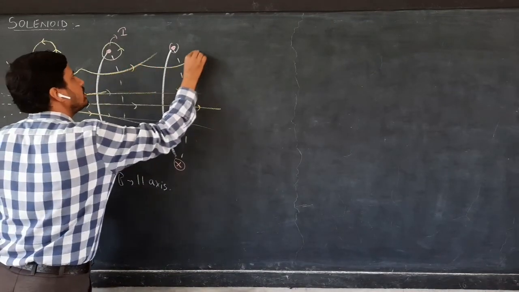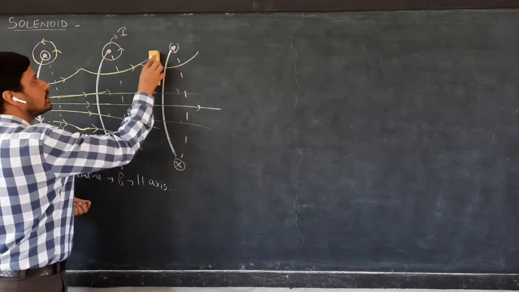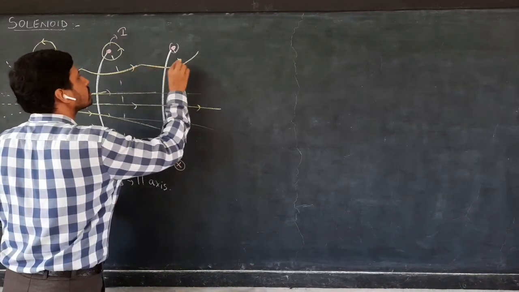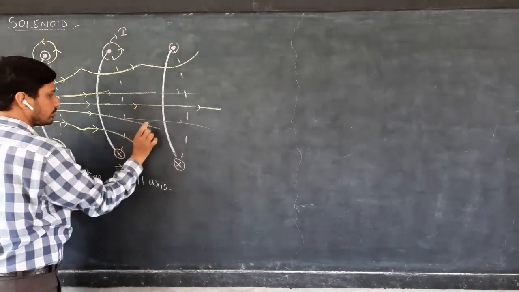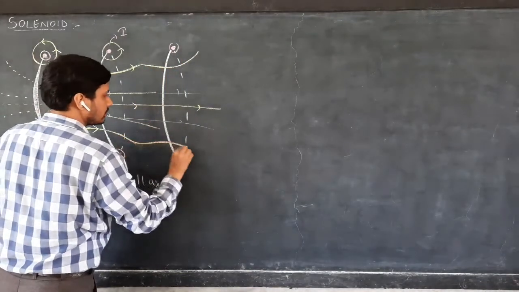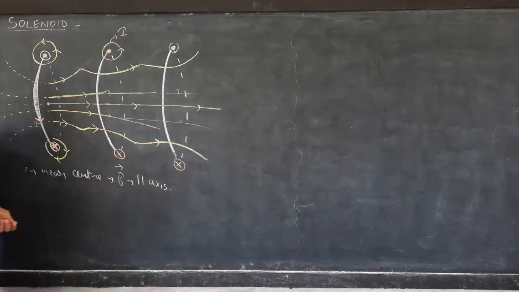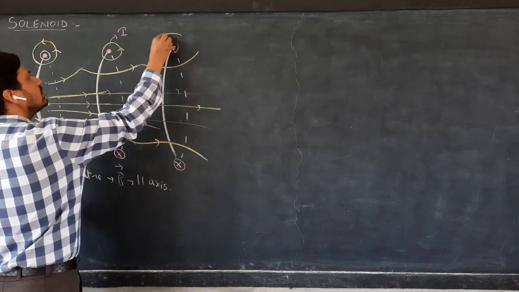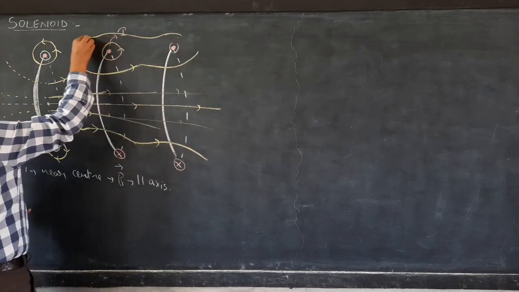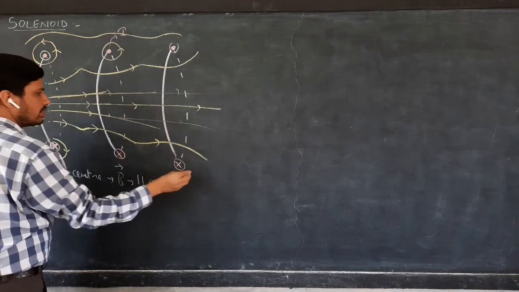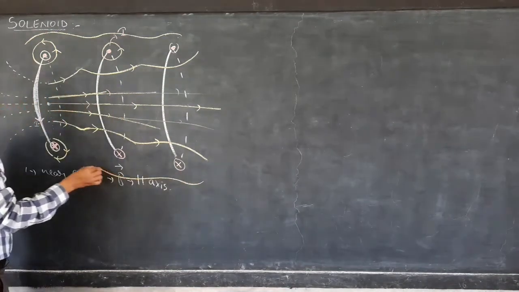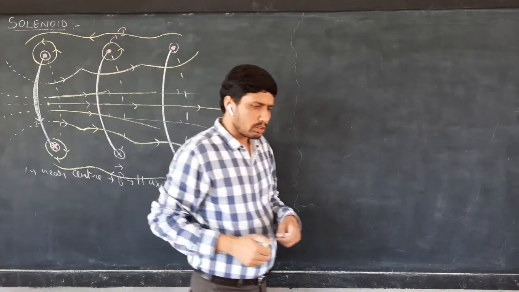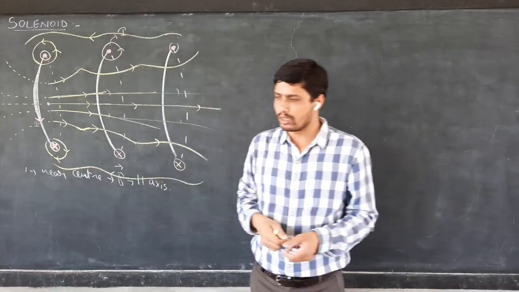And near the edges, they will form complicated curves like so. इस तरह का पैटर्न आएगा and outside there will be a pattern like this. A very complicated pattern will be there if we have only 3 turns or 4 turns.